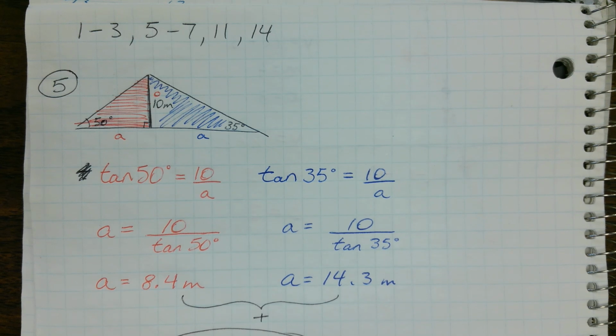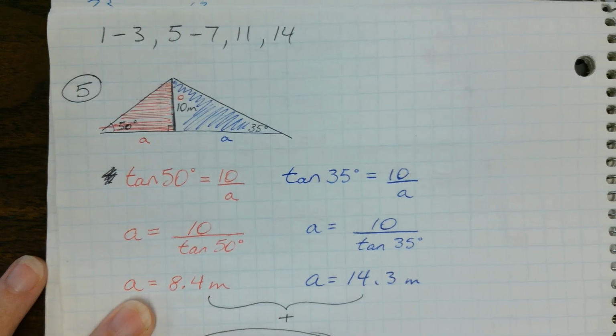Number 5. Okay, so let's go over number 5. Jack and Sanchita are facing each other on opposite sides of a 10-meter pole.